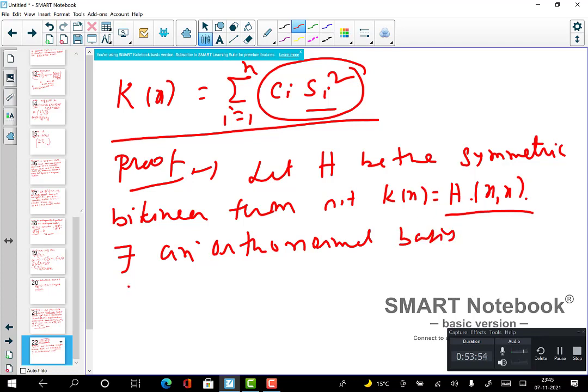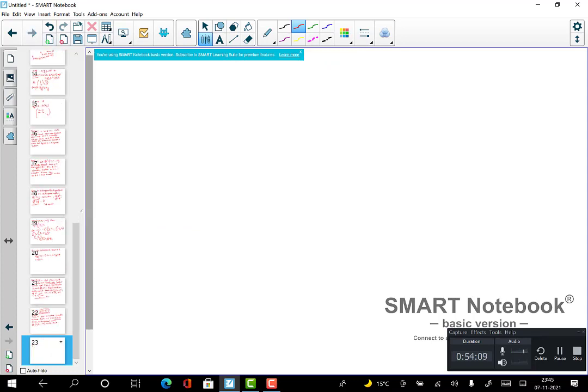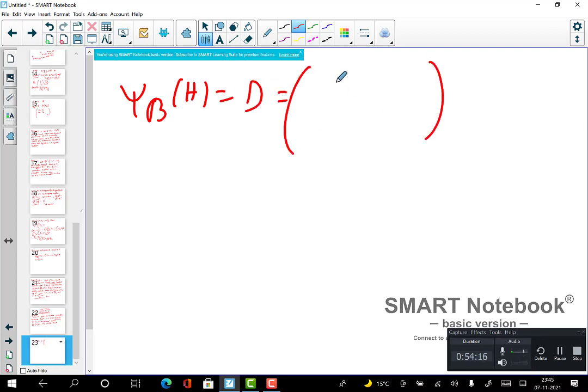Say V1, V2, ..., Vn, such that the matrix of H will be a diagonal matrix, right? Such that this psi B of H will be a diagonal matrix D, and the diagonal entries are C1, C2, ..., Cn. This Ci may be repeating, I told you, they may not be distinct.